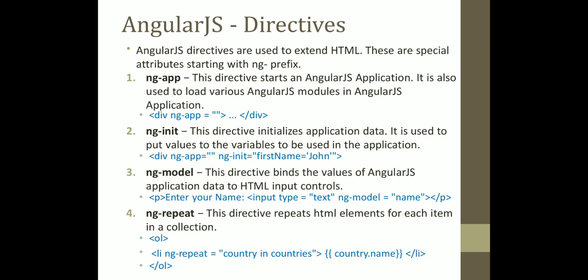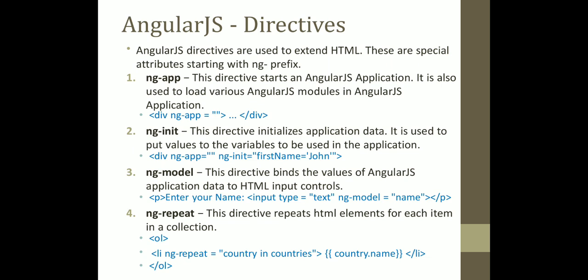The ng-init directive is used to initialize the application data, and it is also used to put values into the variables that are used in the application. You can give the value to a variable name in the init method.